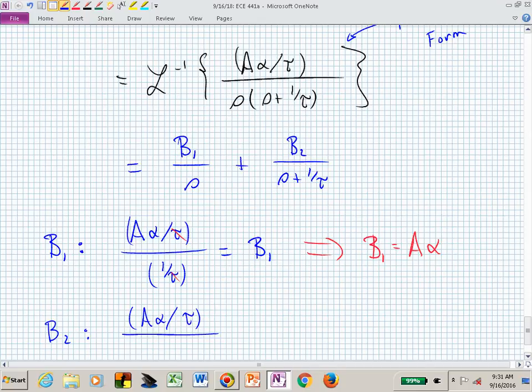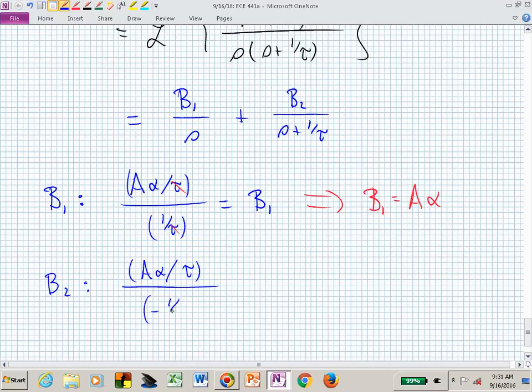We've canceled the s plus 1 over tau because we multiplied by it, but now we're left with s. But what did we say we're replacing s with? Minus 1 over tau. And that's equal to b sub 2. So if we do the simplification, b sub 2 now becomes the negative of b1, or minus a alpha.